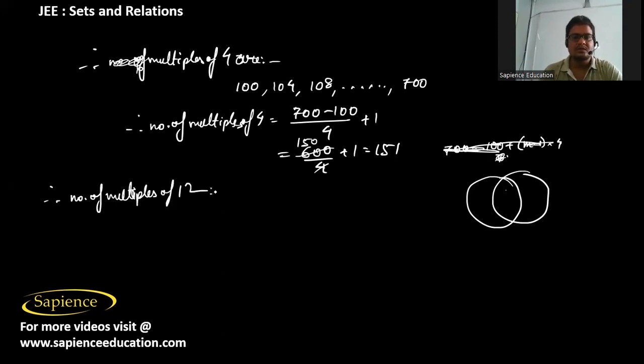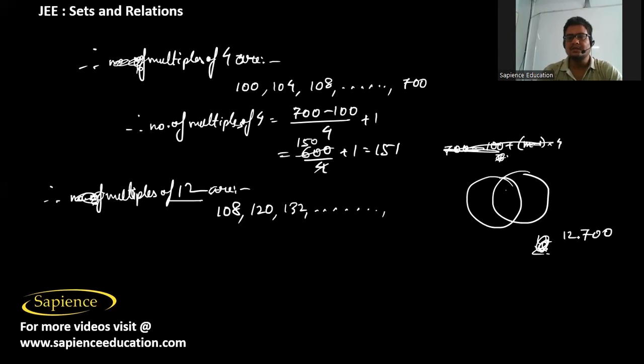The multiples of 12 are: 12 nines are 108, then 12 tens are 120, 12 elevens are 132, and we'll go till 700.